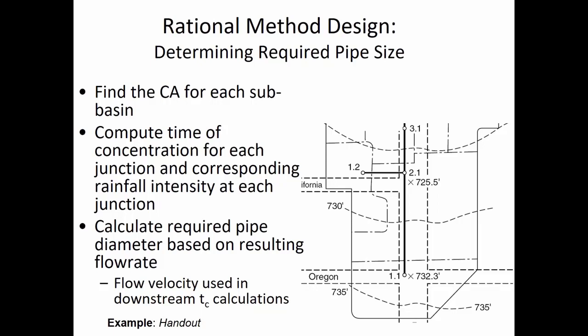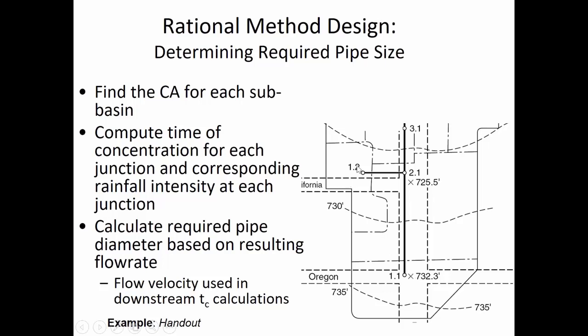The naming system for the pipe networks and the catchments is that 1.1 is the first inlet. So all of the water in a certain area is going into inlet 1.1. The area that contributes to 1.1 is this area, the outside boundary and then this dashed line. So all of that area is contributing to inlet 1.1.